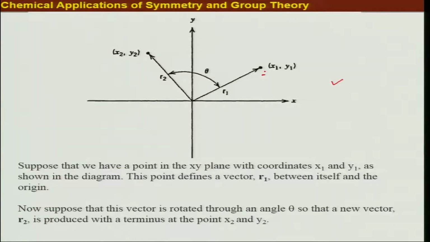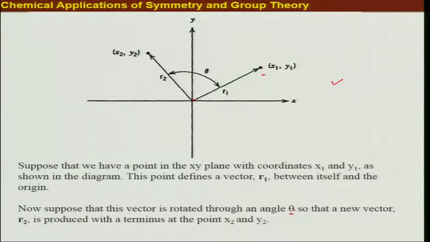Okay, so this point is described by a vector r1, and this r1 traverses the distance from this particular point to the origin, right? Now suppose that this vector is rotated. Okay, so I give a rotation like this, and the angle of rotation is theta.